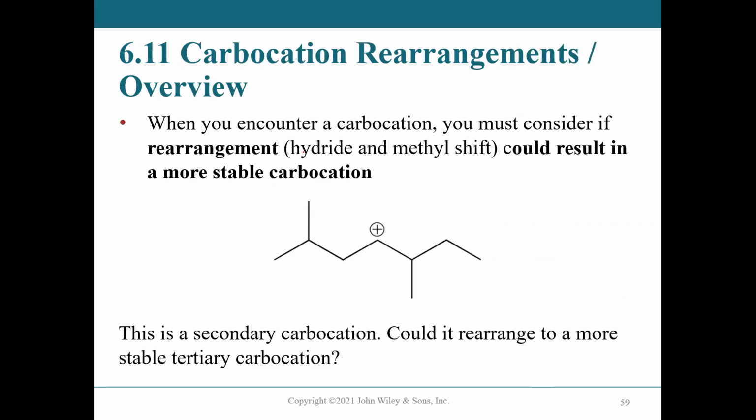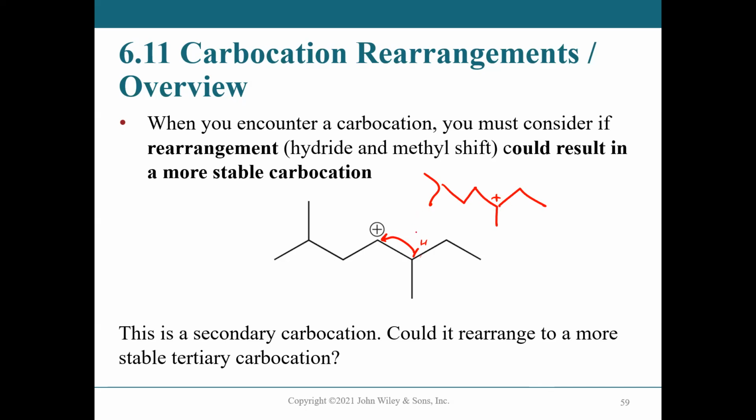So when you encounter a carbocation, you must consider rearrangement. Hydride and methyl shifts could result in a more stable carbocation. So, if we have a hydrogen here, could that shift over? And now we have a positive here.